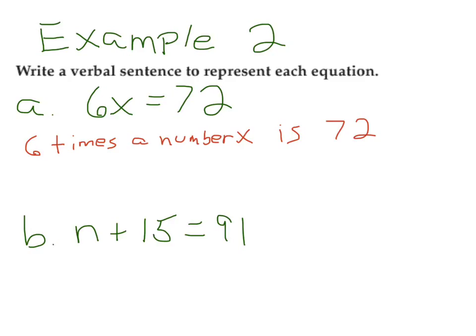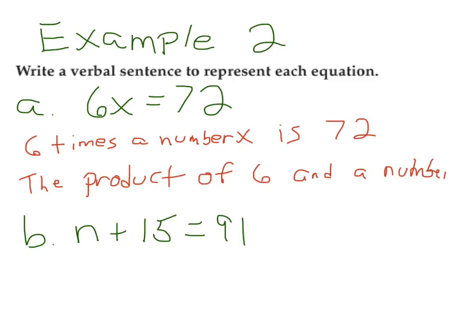I do want to write it another way using one of those other vocabulary words. So I'm going to use product. So this time I want to call it the product of what and what? Well, 6 and a number x is 72.